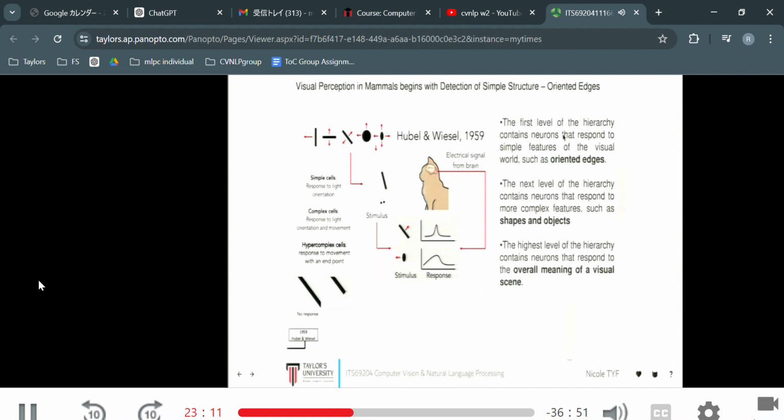So the problem that people have realized from past research is, say we have a similar object such as a stop sign, but when they are taken from a different angle, how can we then recognize them as a similar object?